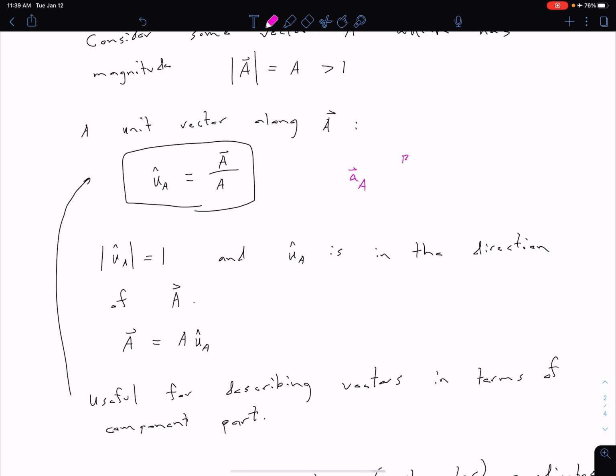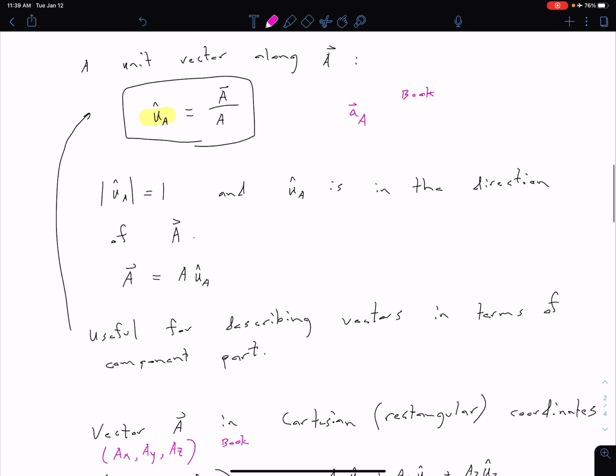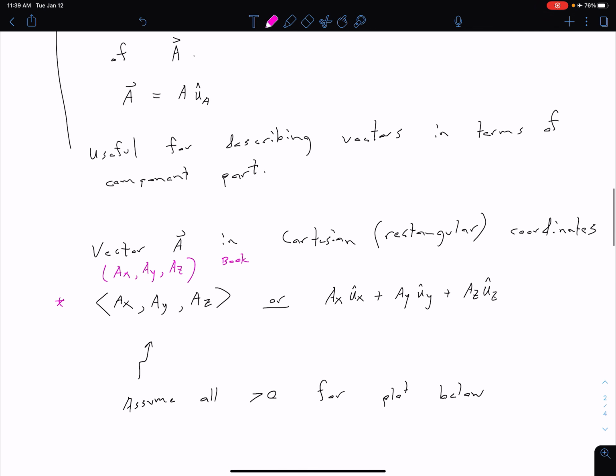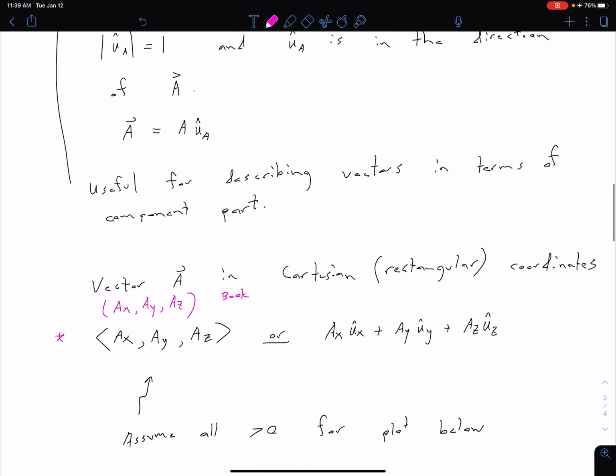The only reason I do this a little differently is that personally I prefer this U, because of course we're talking about a unit vector, so U makes sense. I also like using the little caret above it because that helps it stand out from any other vectors that we might have in our equations. So again, I point that out just so that if you're going through the book as well, you can note the differences between what I have here and on Canvas versus what you see in the textbook.